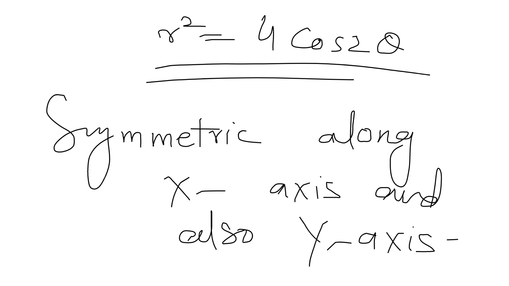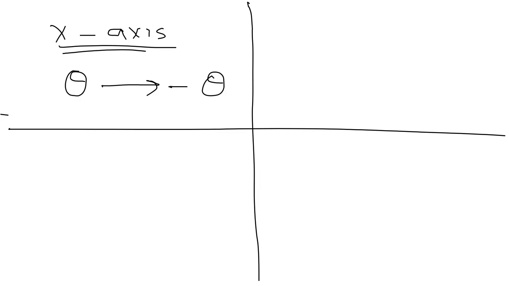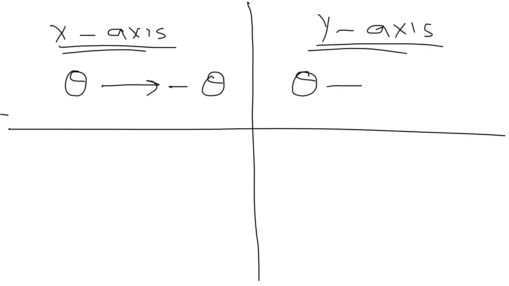Whenever you want to find the symmetry, you have to remember the formulas. There are three formulas for the symmetry. One for the x-axis is very simple: you just replace theta with minus theta. For y-axis, you replace theta with pi minus theta.